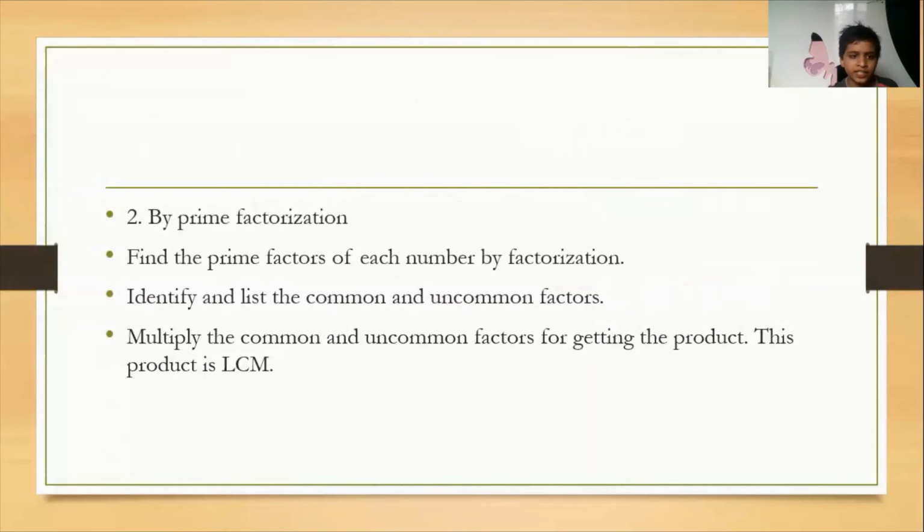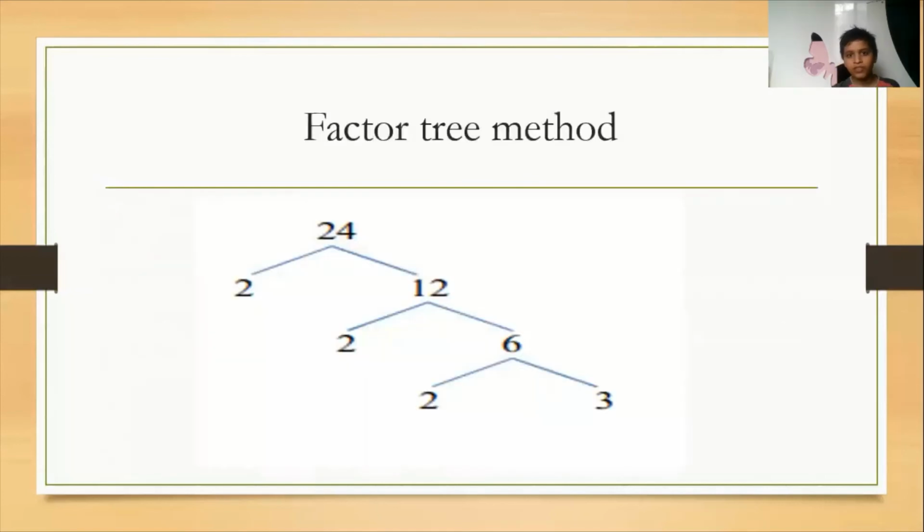By prime factorization: find the prime factors of each number. Identify and list the common and uncommon factors. Multiply the common and uncommon factors to get the product. This product is the LCM. This is the factor tree method.